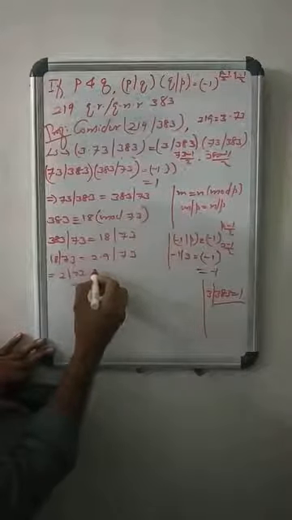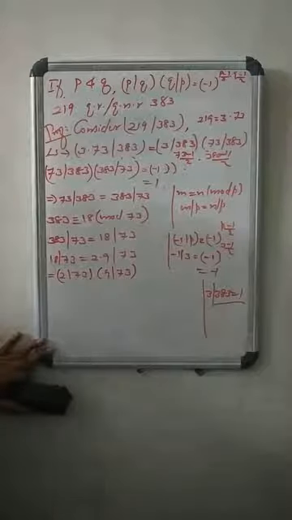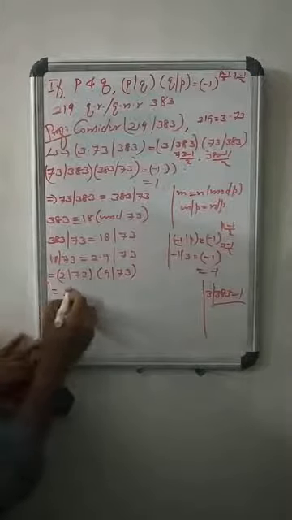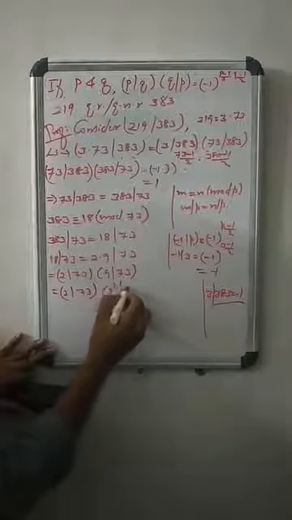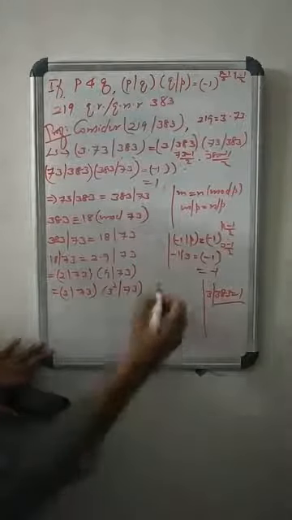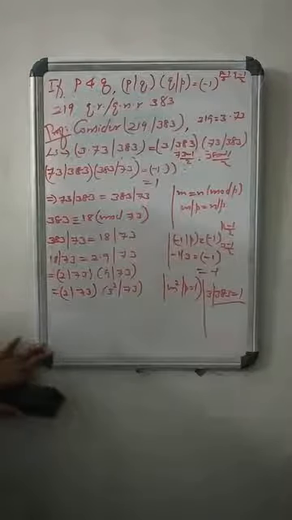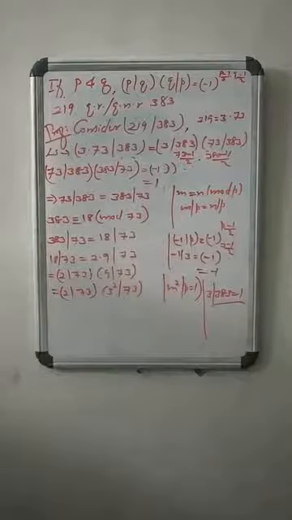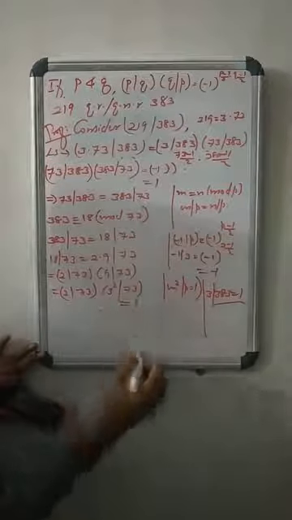What is 9? It is 3 squared. (m²/p) is always 1, so (3²/73) is nothing but 1.